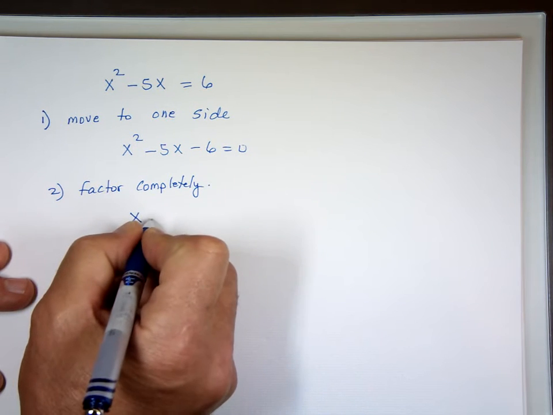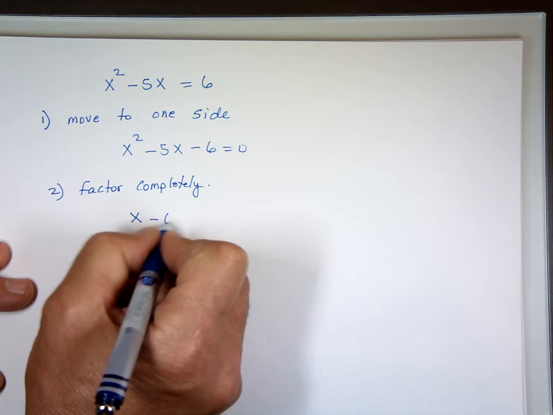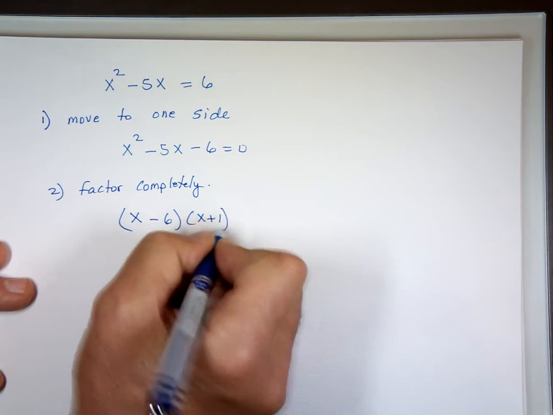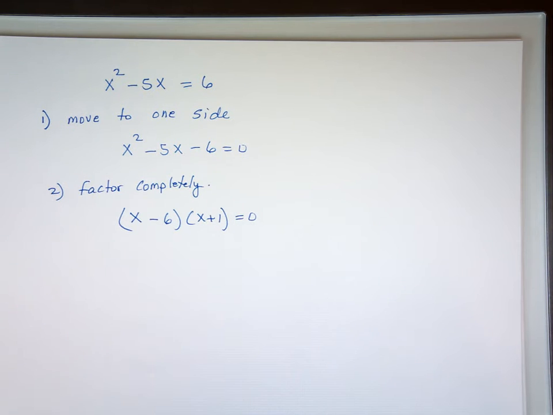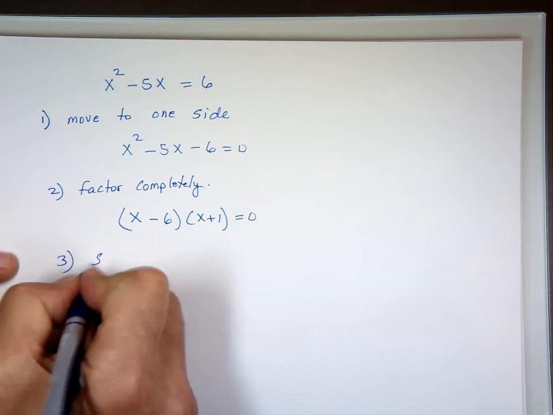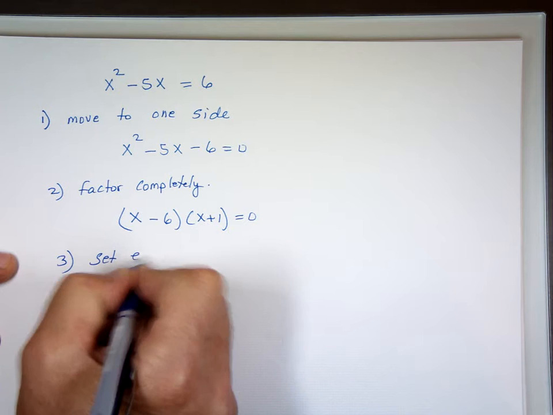Isn't it (x minus 6)(x plus 1)? That'll give me the negative 5x in the middle, the minus 6 at the end. And step number 3, set each factor equal to 0 and solve it.